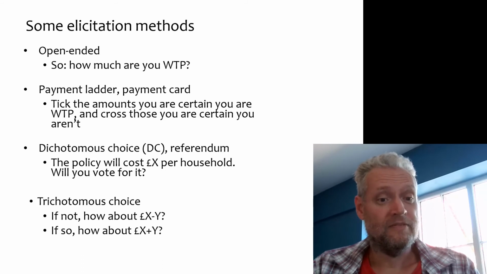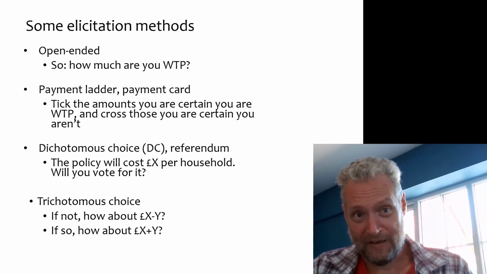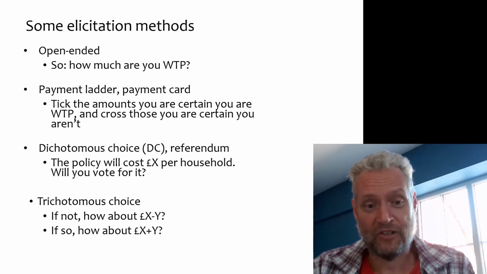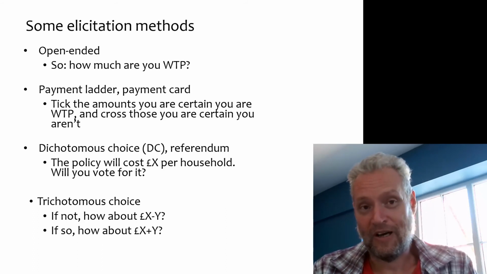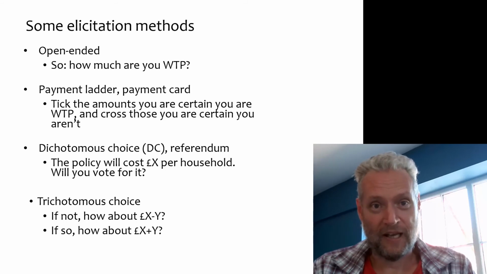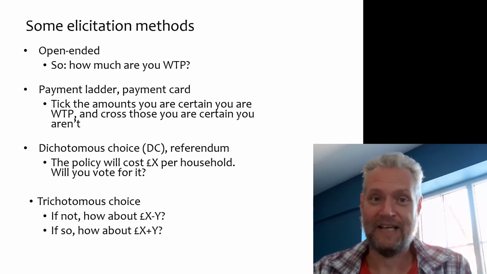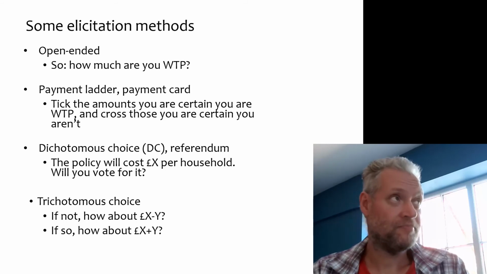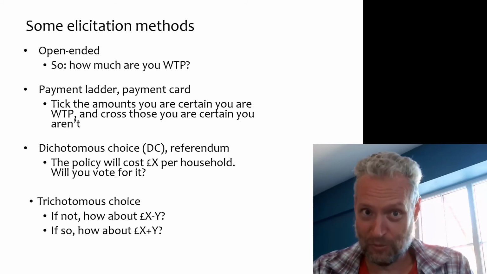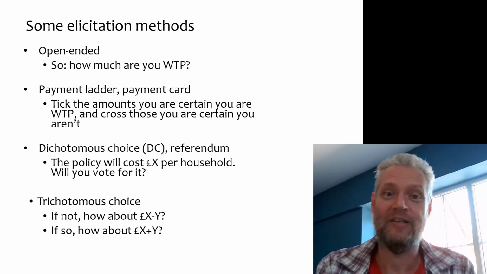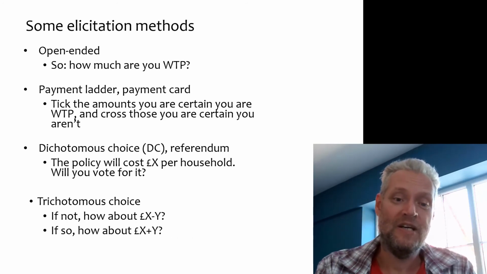You can do things in referendum format, essentially a dichotomous choice, take it or leave it. This policy will cost £10 per household per year. Do you accept that, yes or no? That's a pretty simple question that people would not have a lot of difficulty processing.